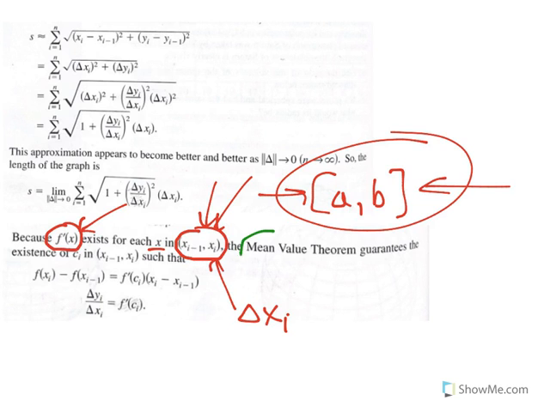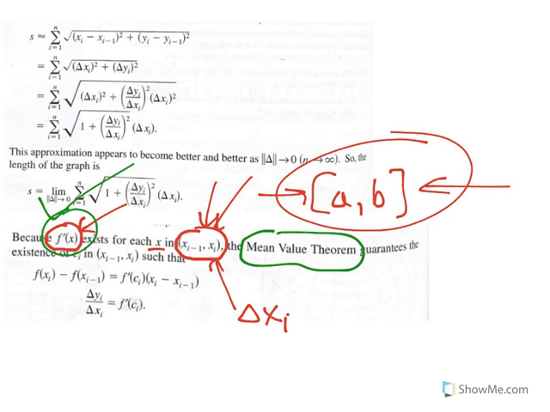why can we use the mean value theorem? Because the mean value theorem has two hypotheses. If you have a function that is differentiable on the open interval from a to b, and we have that, the derivative exists, and differentiability implies continuity. So our function f must be continuous on the closed interval from a to b.